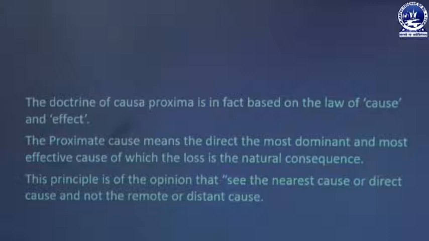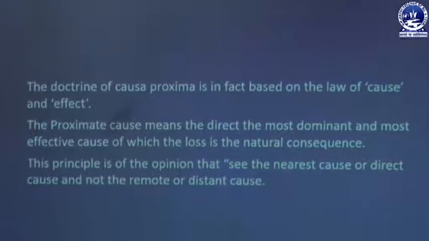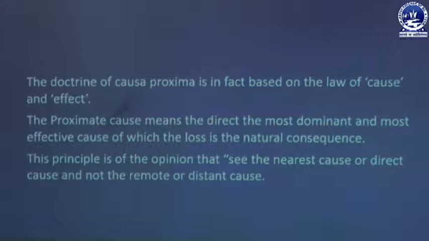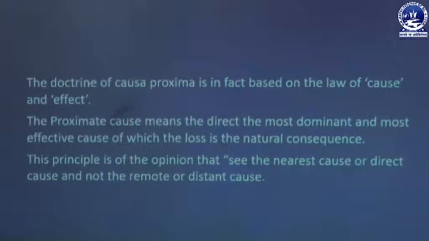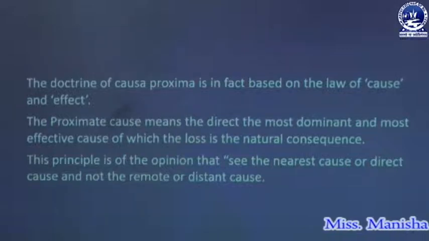The doctrine of causa proxima is in fact based on the law of cause and effect. So, here proximate cause means the most dominant cause or the effective cause which causes the consequence. So, in this principle, we see the nearest cause for the loss and for which the insurance has been taken.